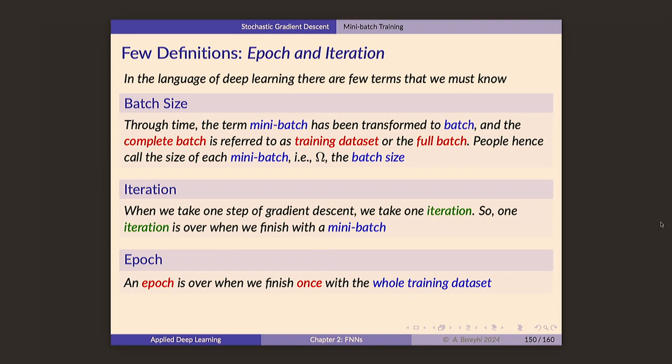If you do it this way, how many times do you need to go over your data set? 2 times, 2 epochs, right? Whereas in full batch training, you need about 1,000 epochs, right? Clear? So everybody's clear about these definitions: batch, iteration, and epoch?